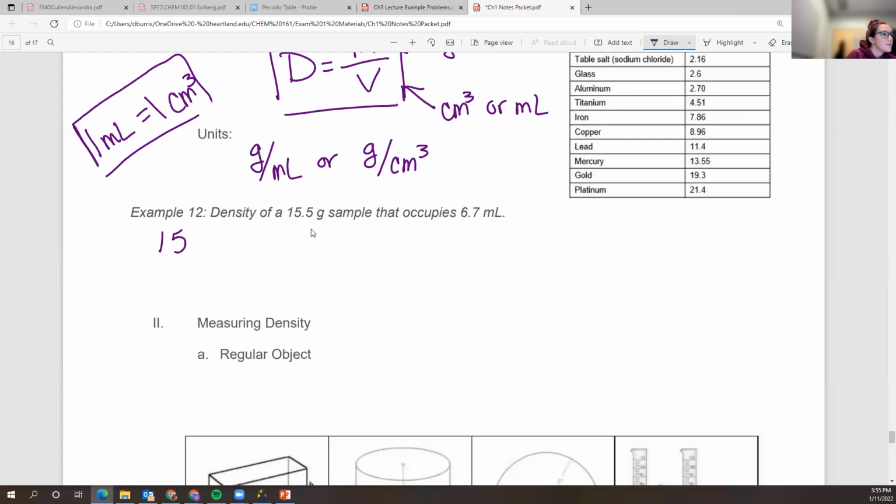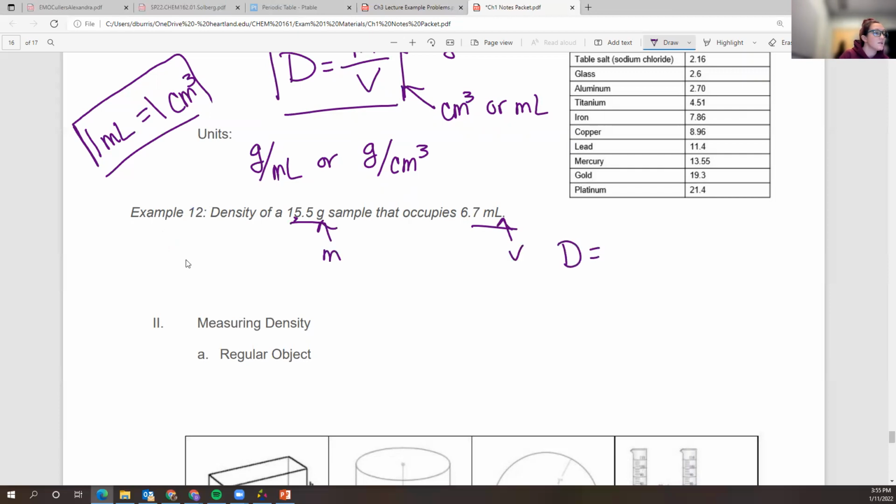What I'm going to start with, I have two numbers. It says, what is the density of this 15.5 gram sample that occupies 16.7 milliliters? So you need to be able to tell, I'm not going to say the mass is blank, the volume is blank. You should know by looking at the units, grams and milliliters, that this is going to be a mass and this is going to be a volume.